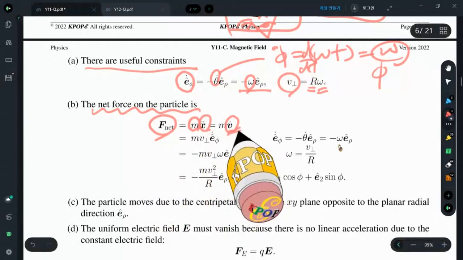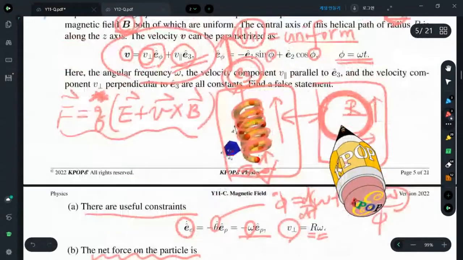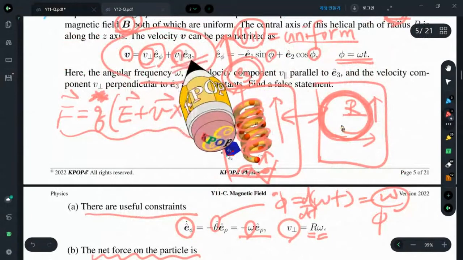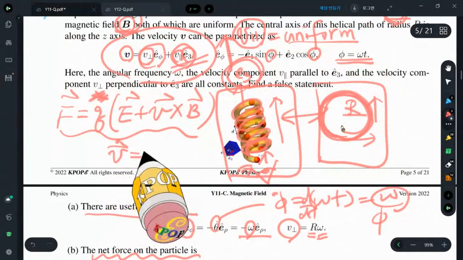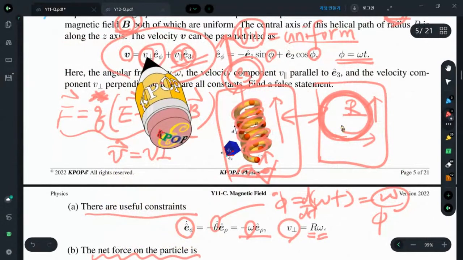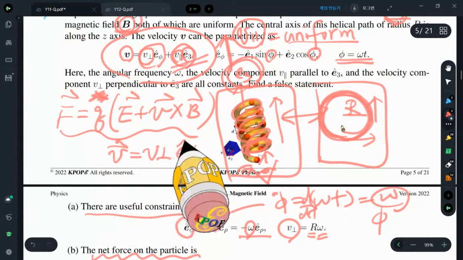So for the velocity v, this part is constant, so v dot should be v perp, which is constant, times e phi dot.